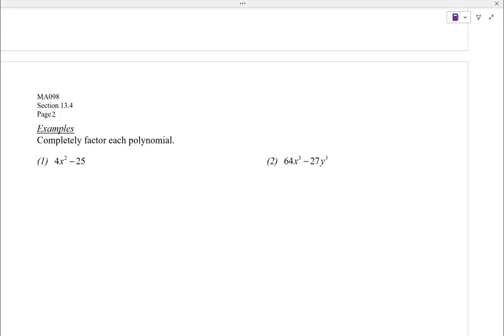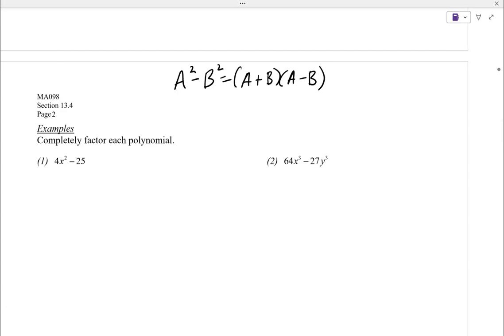And notice we have an x squared, so if it's going to factor, it's probably going to fit that difference of squares, right? So your difference of squares formula, I'm going to write it at the top of the page here. It looks like a plus b times a minus b.